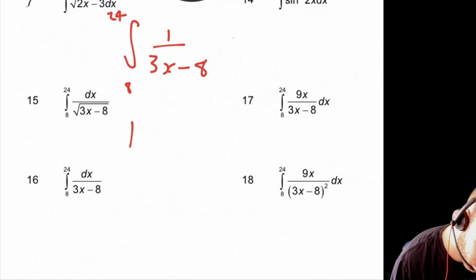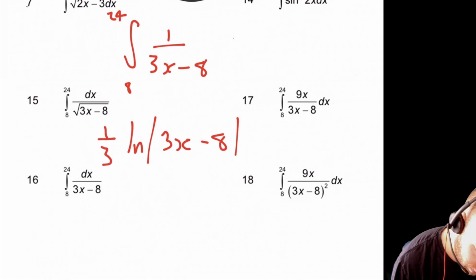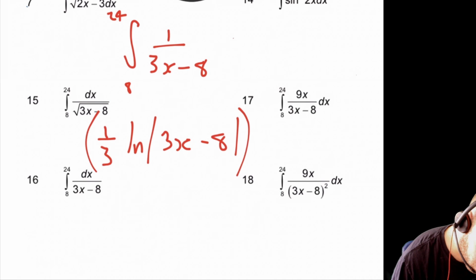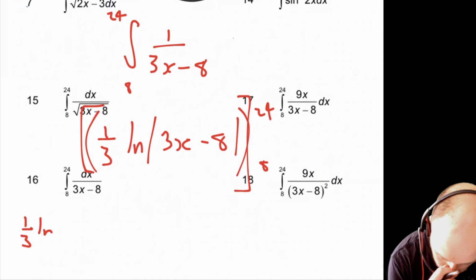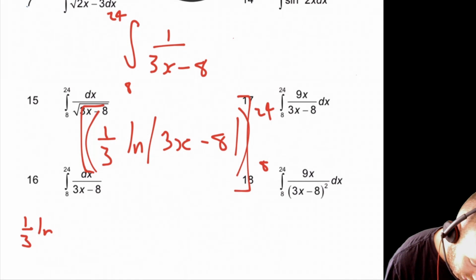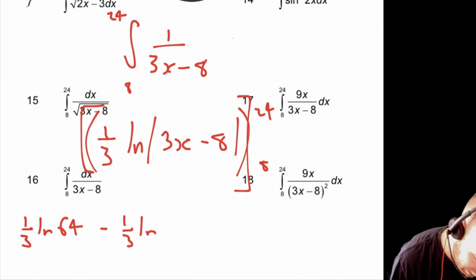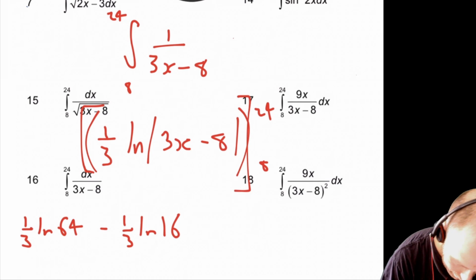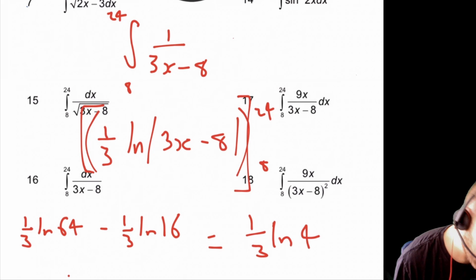This is just ln, so ln 3x take 8, and we need to put a third out the front as well. And that's going to go from 8 to 24. So we get a third ln 64, isn't it? Third ln 64 minus a third ln 16, which gives us a third ln 4.